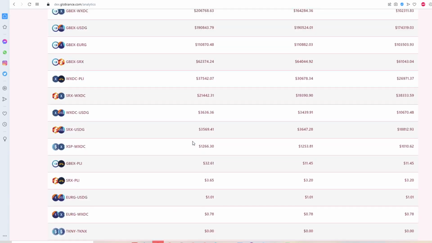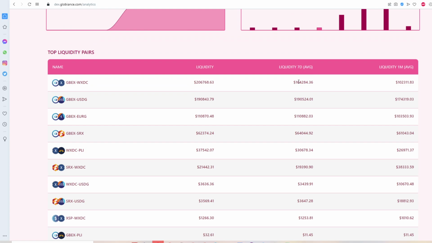The good thing is you can also check here for the pairs. So here are the top liquidity pairs. So you see which pairs have the most liquidity currently. For example, the GBEX Wrapped XCC has the most liquidity with 200k, 190k with GBEX USDG, GBEX UOG 110.